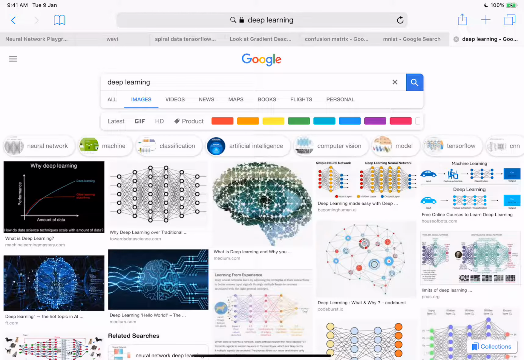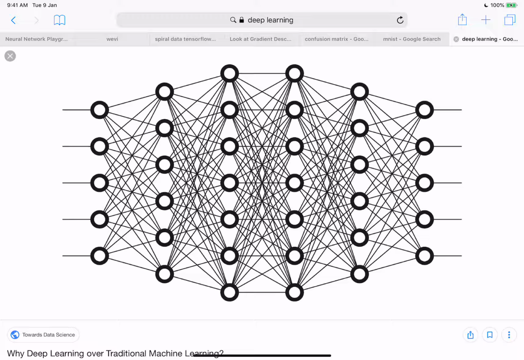Deep learning looks like this. In the case of deep learning, the input vector is a 5-dimensional vector. And in the first layer, it is just a linear transformation from R5 into R6. So we have a linear transformation matrix A defined over here.